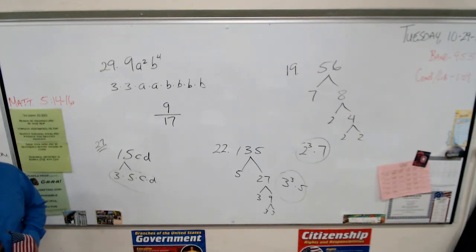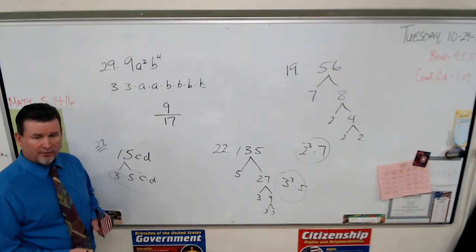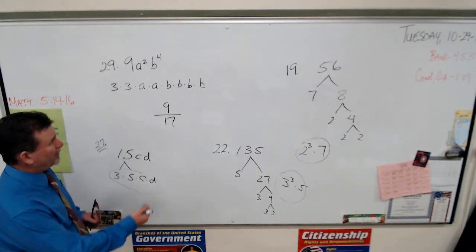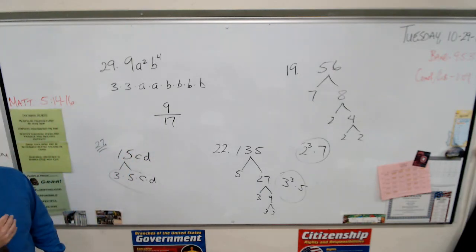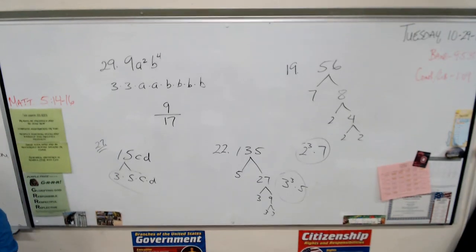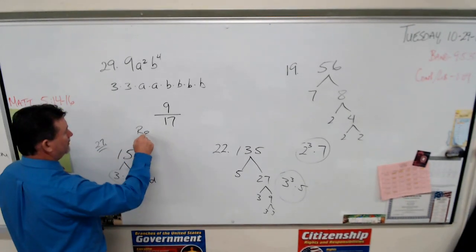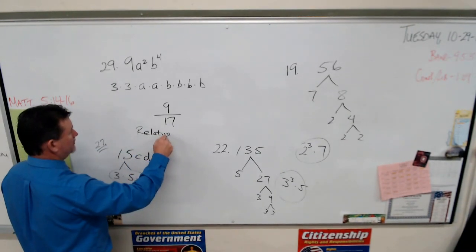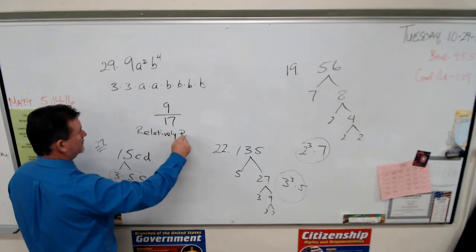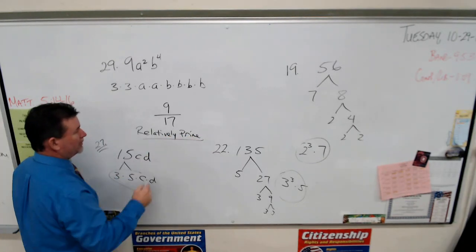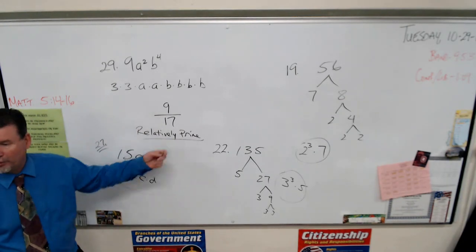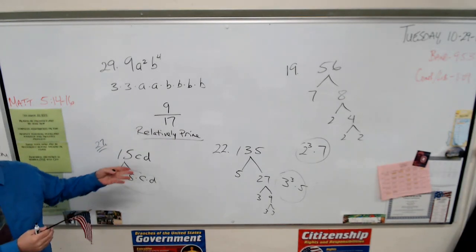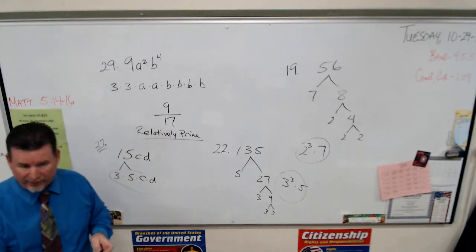In other words, only one of these numbers is prime, but when you look at the 2 numbers together, they don't share a common factor. So they are called, ready? When it comes to how they're related to each other, they're relatively prime. They are prime to each other is another way of saying it.